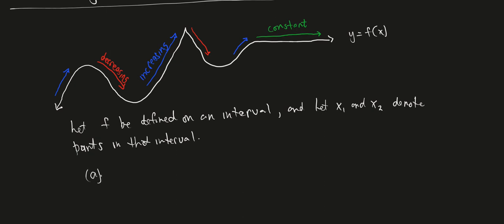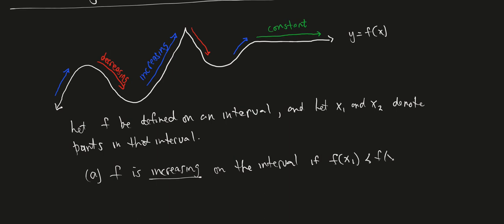So let's call this one part A. So f is increasing, right? That's what we're defining now, on the interval, if f of x1 is less than f of x2 when x1 is less than x2, right?